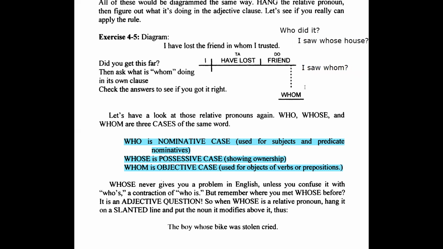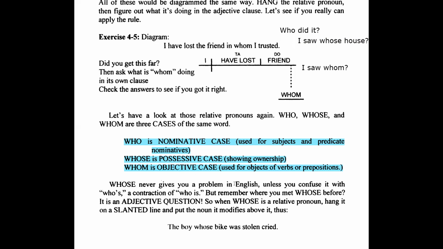He saw whom? You don't say he saw who. You say he saw whom. You saw whom. These are in the objective case. Okay, that's why we had earlier, we had whom come up. So case is very important for pronouns. Okay, who is nominative, whose is possessive, whom is objective.